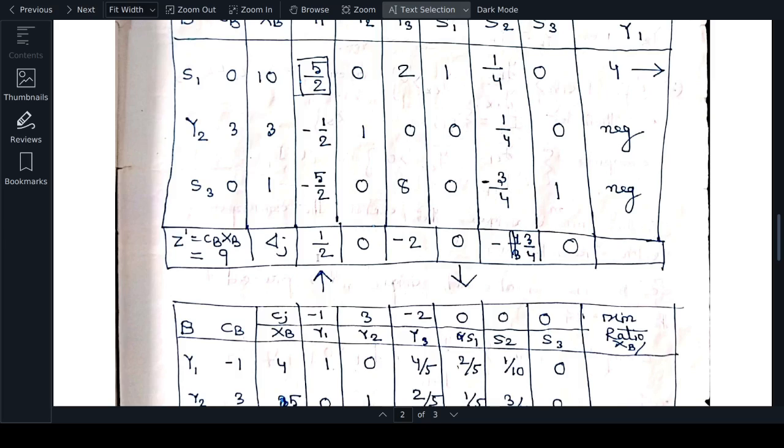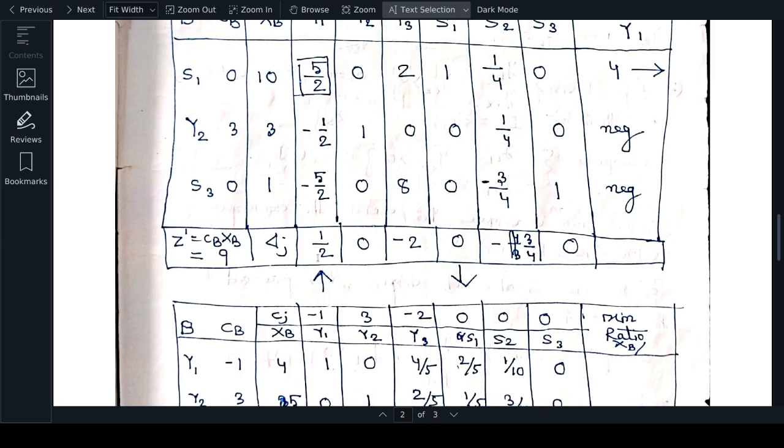Similarly again 0 minus 1 by 2 into 1 divided by 5 by 2, 1 by 5. And 1 by 4 minus 1 by 2 into 1 by 4 divided by 5 by 2, so 3 by 10, and next 0 minus 1 by 2 into 0 divided by 5 by 2. Means what?